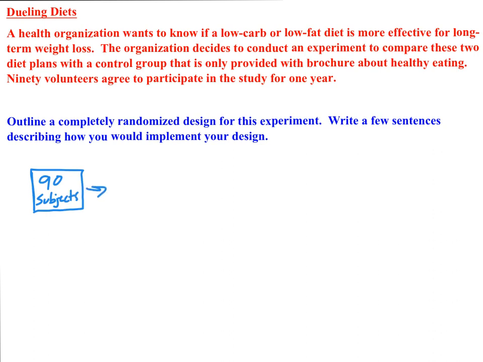The very first thing that has to happen with them is what we would call random assignment. They have one of three places they need to go. We'll split them up 30, 30, 30.